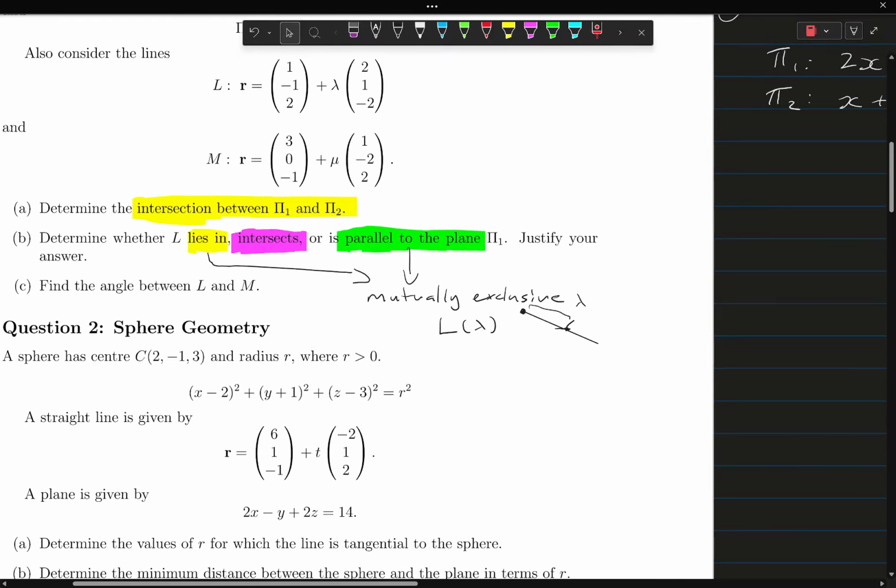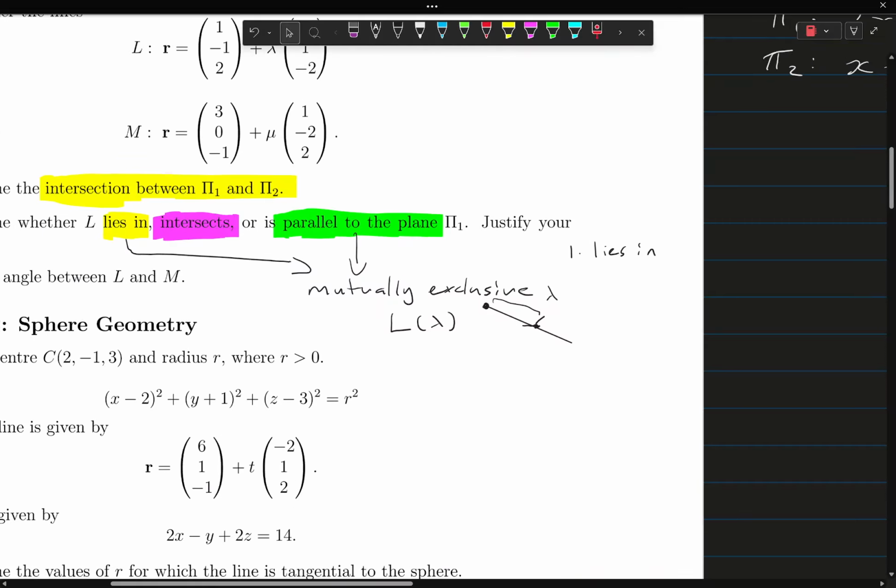If the line lies in the plane, that means there's an infinite number of solutions where the line intersects the plane, so there will be an infinite number of lambdas that satisfy the equation.